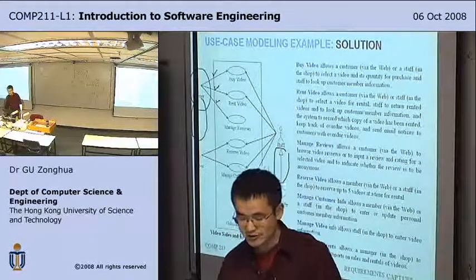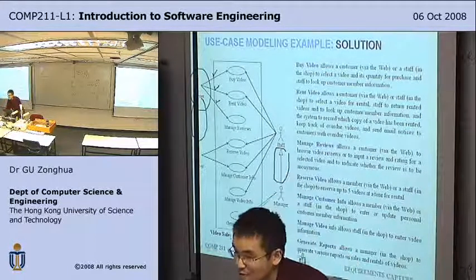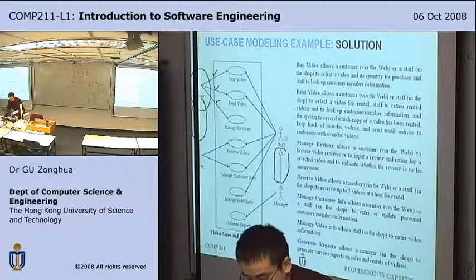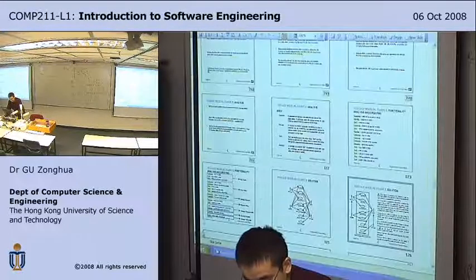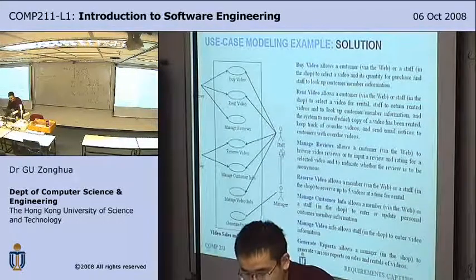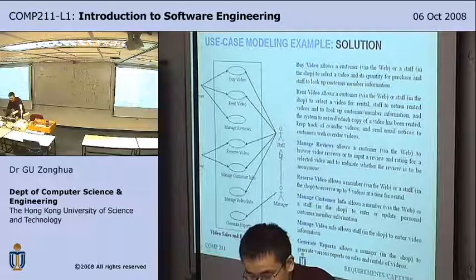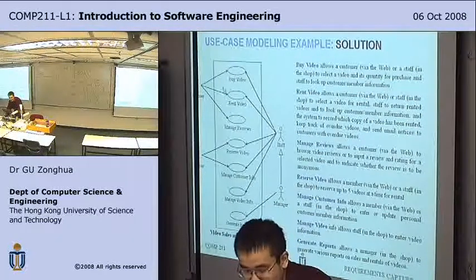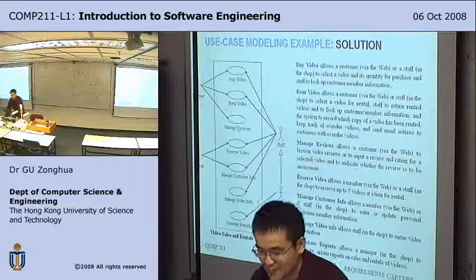So you can omit that association from the diagram. As a result, by having these inheritance relationships, you can make the diagram simpler and remove many of the associations from the subclasses.